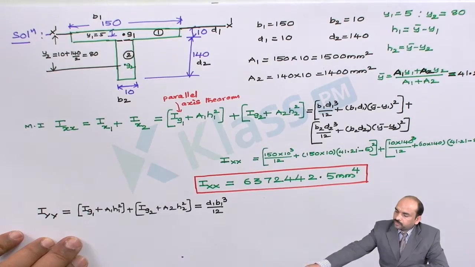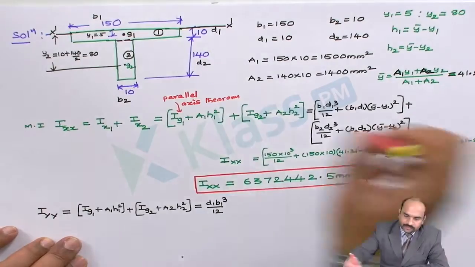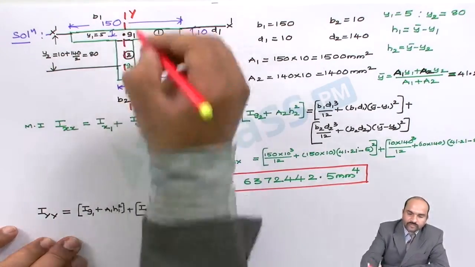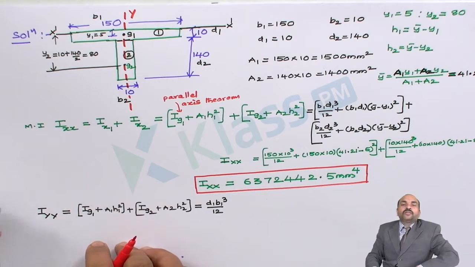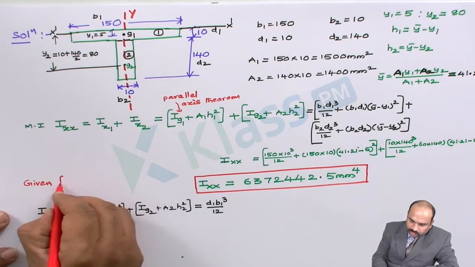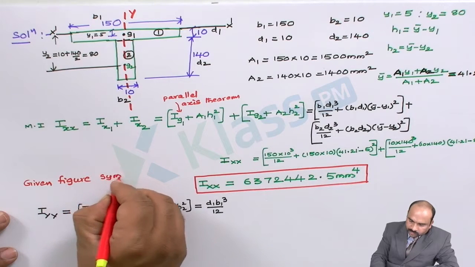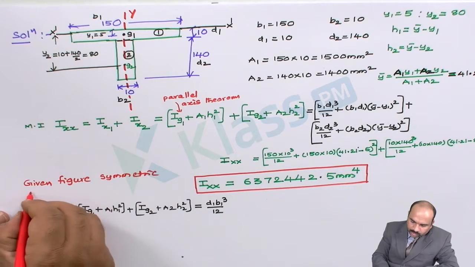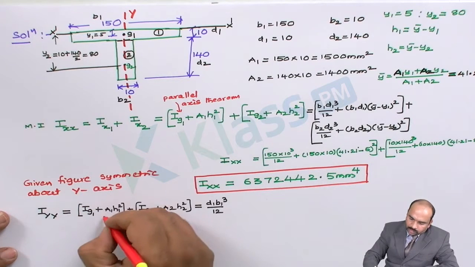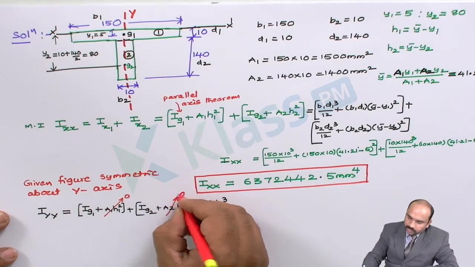Now you can see the given diagram is symmetric about the y-axis. So the given figure is symmetric about the y-axis, so this value will be 0 and this value will be 0.